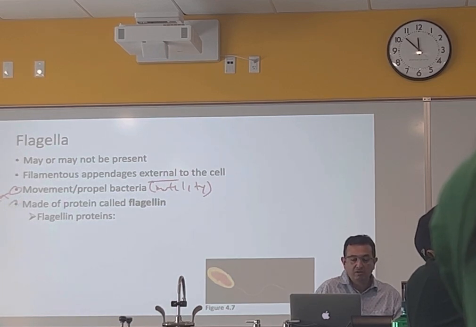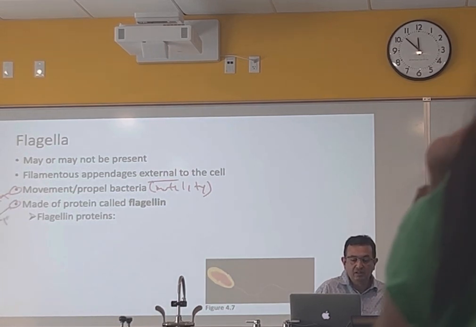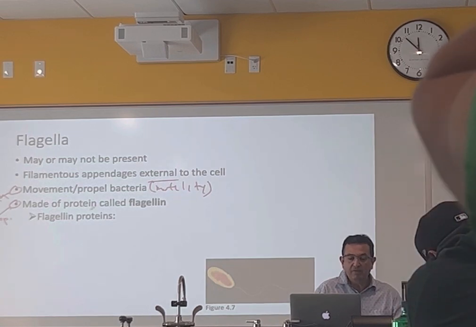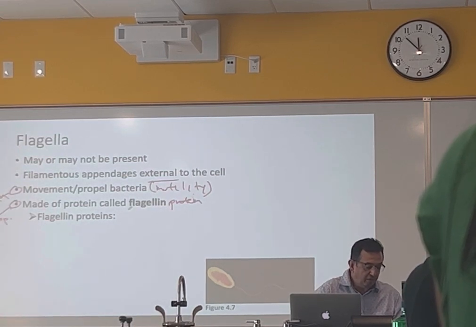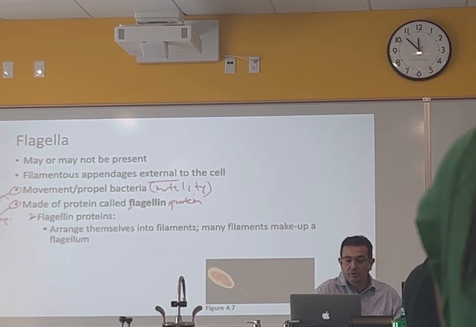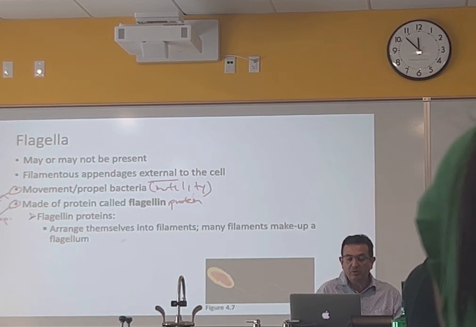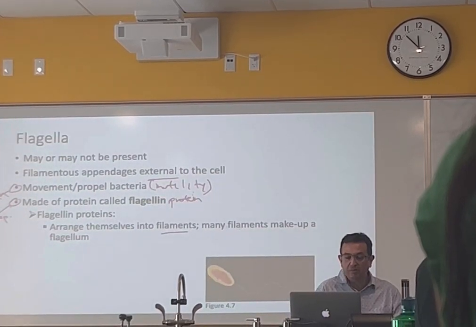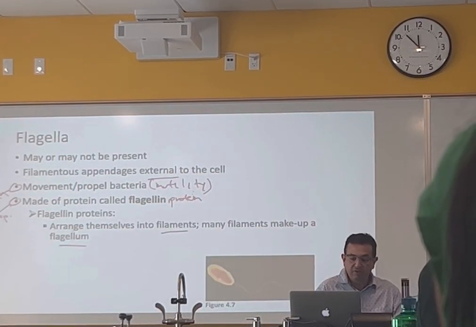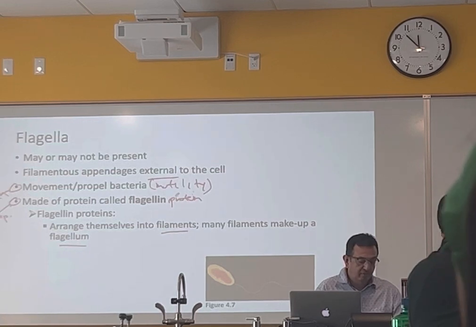Composition is next. They're made of a protein that we call flagellin protein. And some more information about flagellin proteins. These proteins are arranged in structures that we call filaments, and then several filaments make up a flagellum.